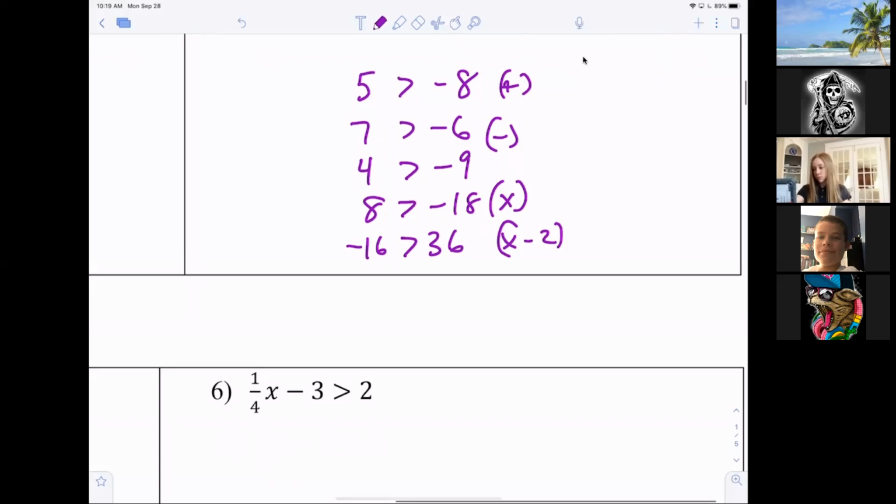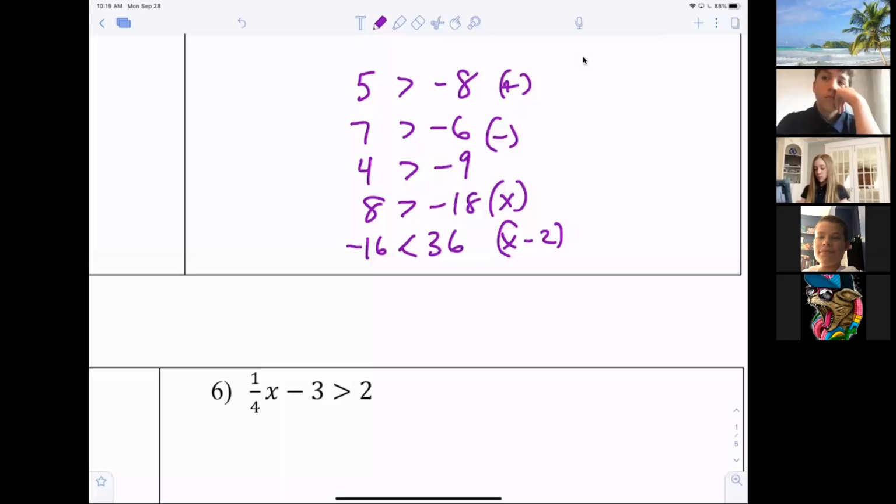So whenever you multiply by a negative, you must change the inequality sign, or it's a false statement. It's not true anymore. You can add, doesn't change. Subtract, doesn't bother it. Multiply by a positive, doesn't bother it. Multiply by a negative, you have to change the inequality sign.